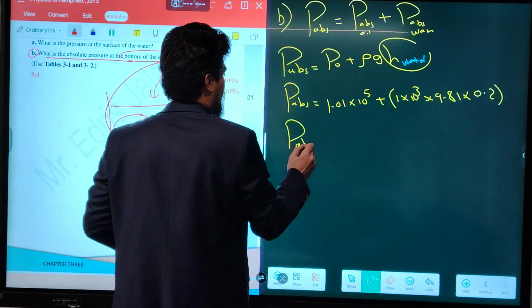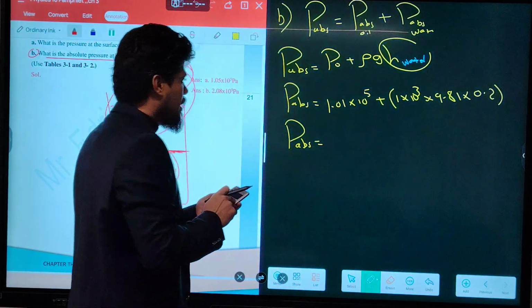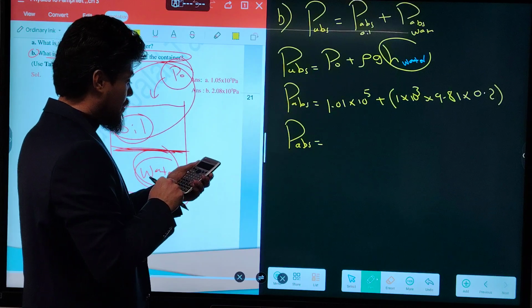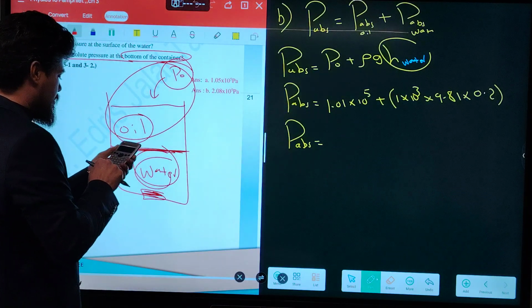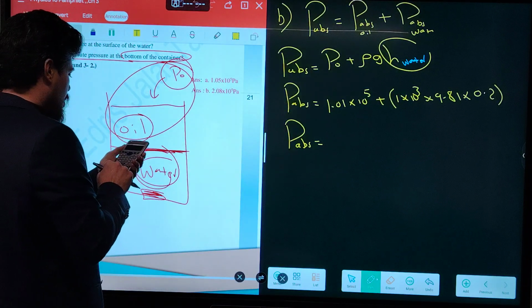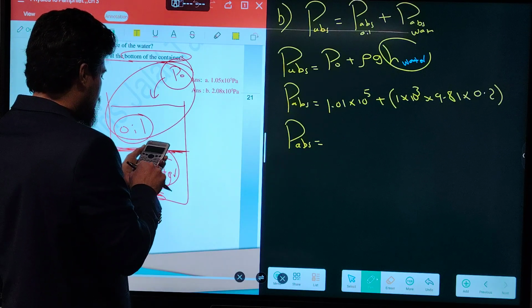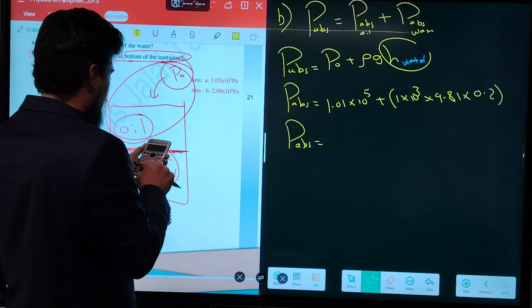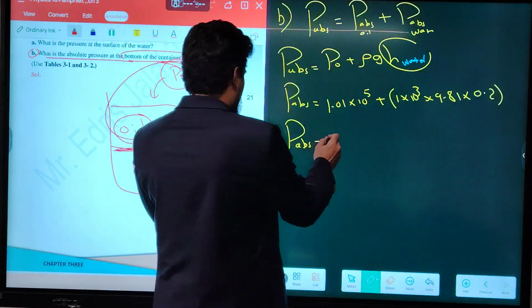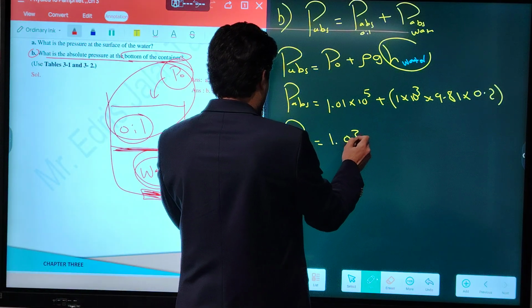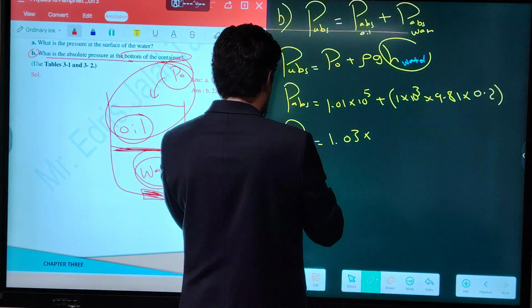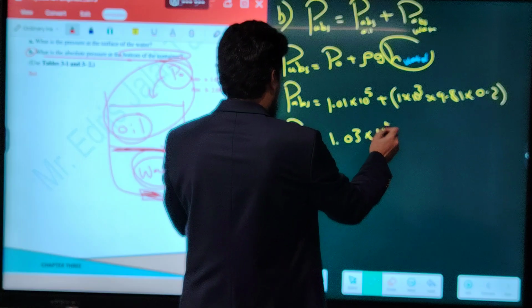In this way you can determine the absolute pressure of the water. I got 1.03 times 10 power 5.